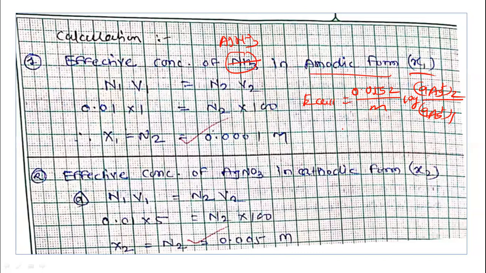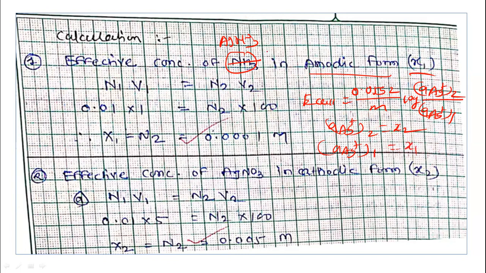So the activity of the silver nitrate in the cathodic compartment is X2 here, and the activity of the silver nitrate in the anodic compartment is X1 here.